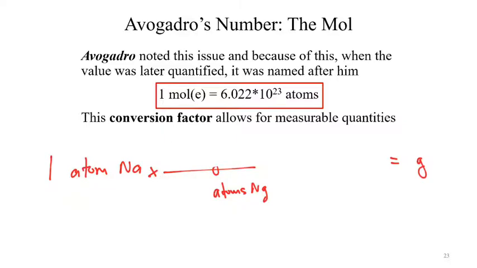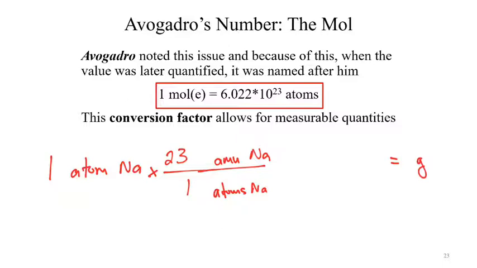But we do have on the periodic table a relationship between mass and atoms, and that mass unit was AMUs. We could pull it up. I think it's 22.99, but I'm just going to say 23. Thank you for pointing out that that should be an A, not a G. There's 23 AMUs of sodium per 1 atom of sodium.